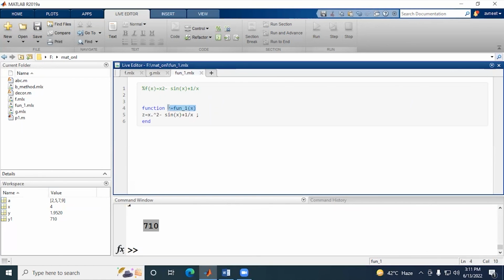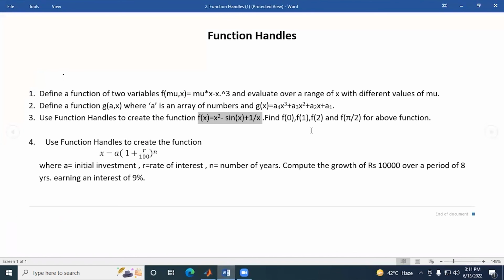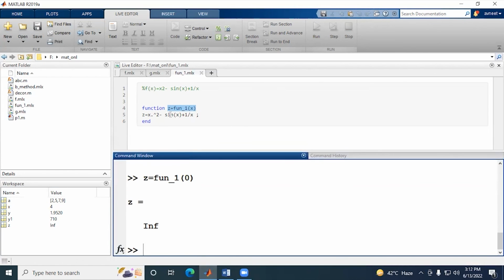Now I'm going to check this here. Initially, they were asking for x is equals to 0. What will be the value of the function when x is 0? It's infinite. Why is it infinite? Is it satisfying?